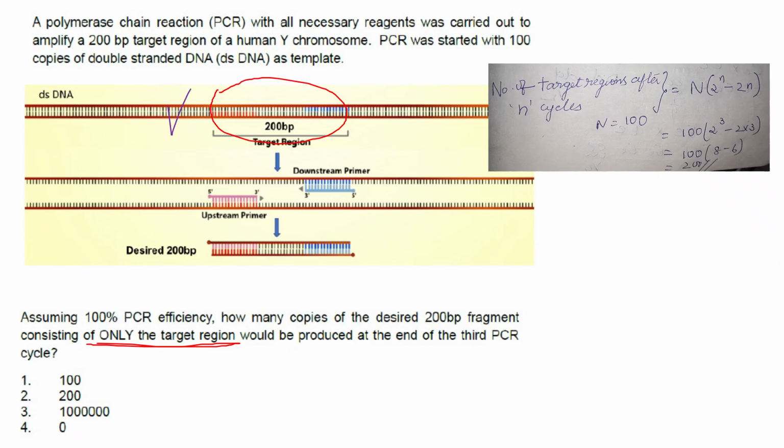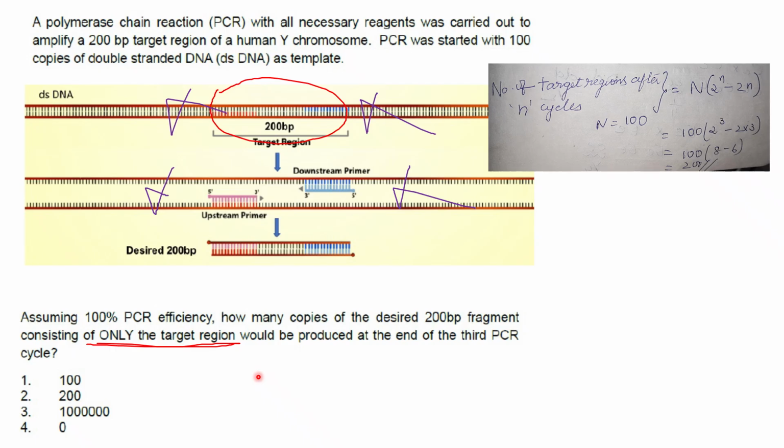These portions shouldn't be there. Your intermediates shouldn't be taken into consideration. I told you already how the intermediates come. Only this target sequence should be there, 100% target sequence only.